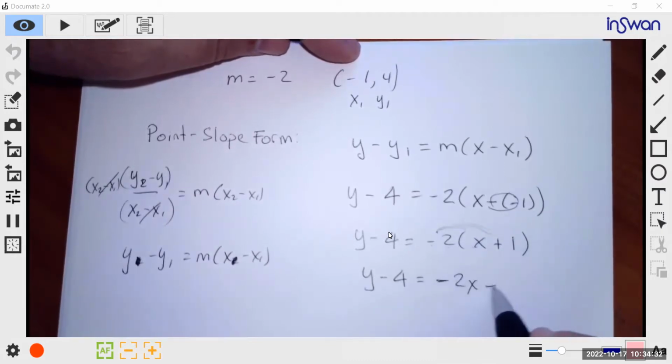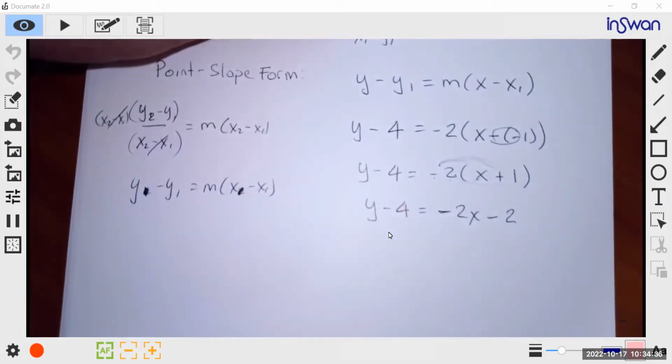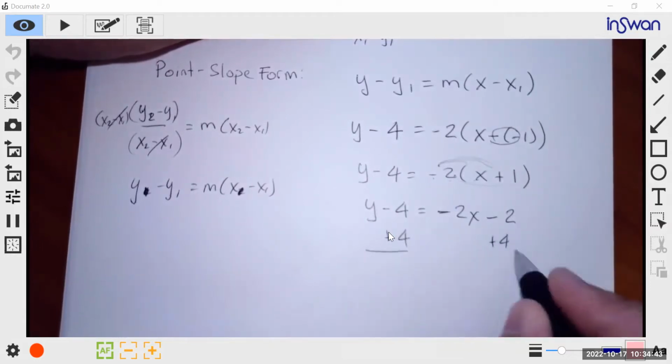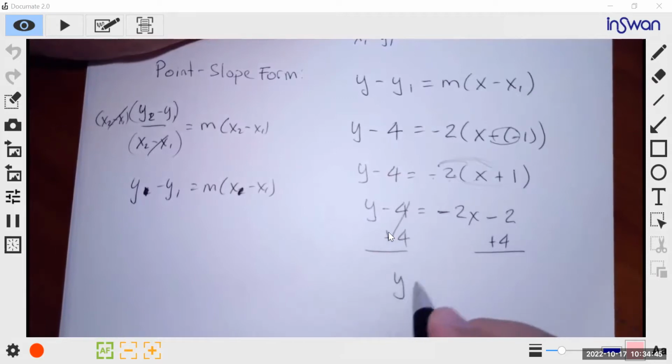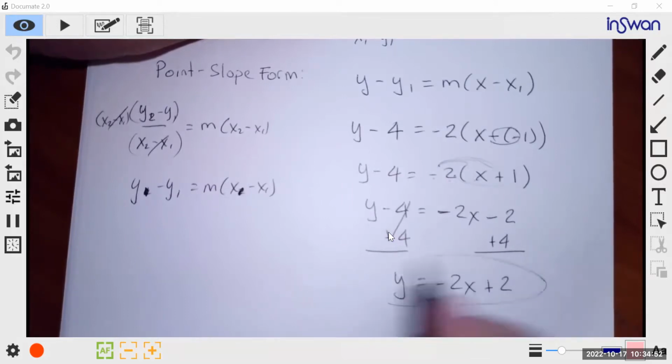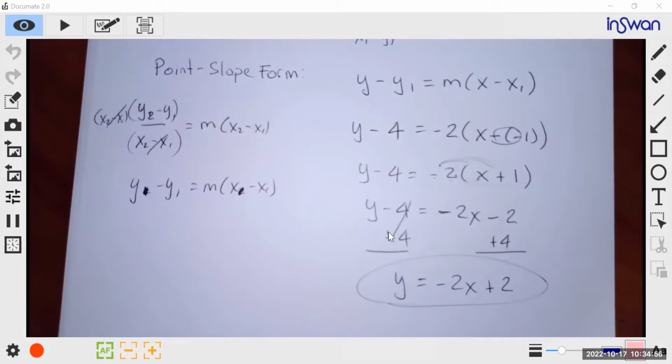Negative times positive is negative. 2 times 1 is 2. And I add 4 to both sides. Four is bigger, so it's positive. 4 minus 2 is 2. It's the same answer, just gone about a different way.